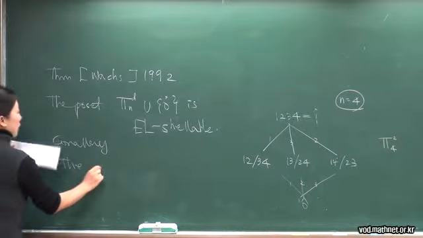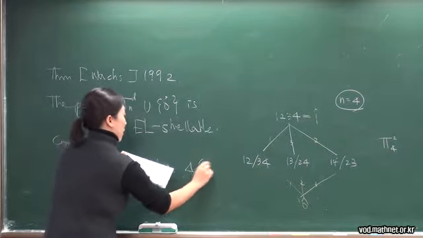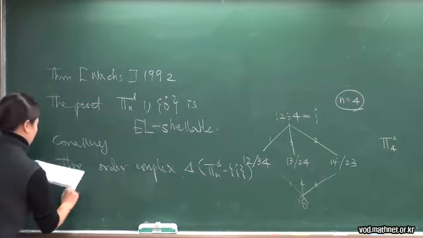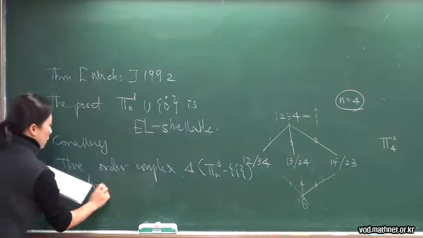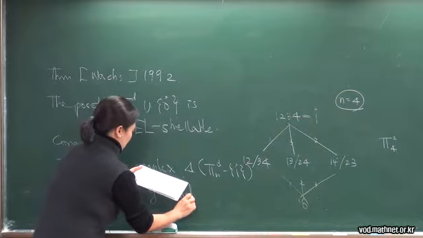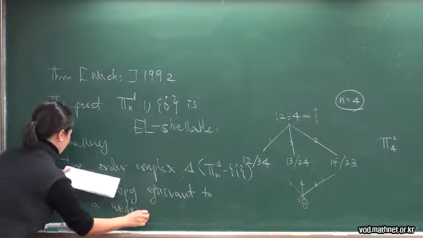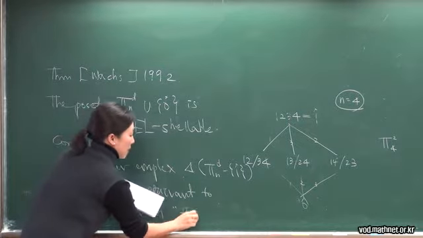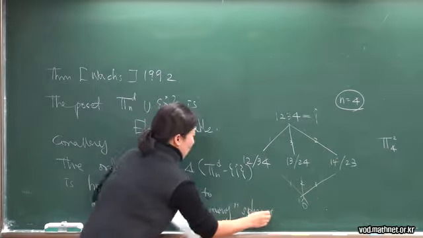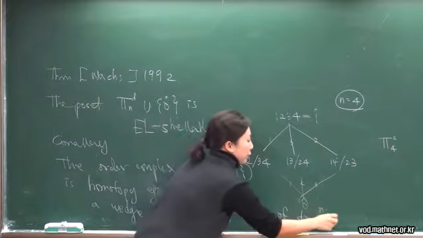So the order complex of this poset is homotopy equivalent to the wedge of many spheres of dimension n over d minus 2.